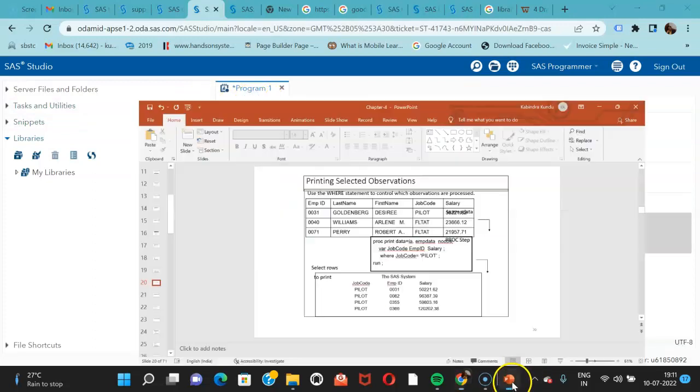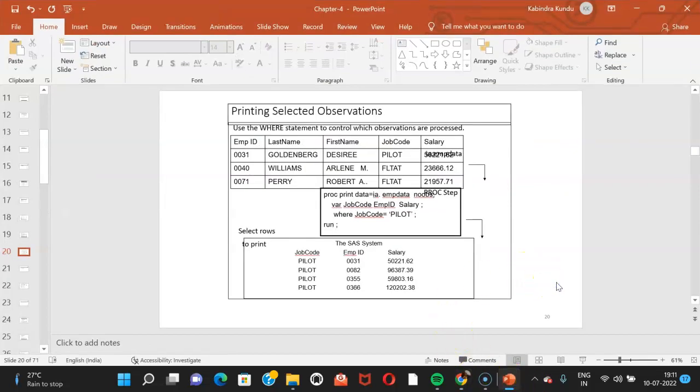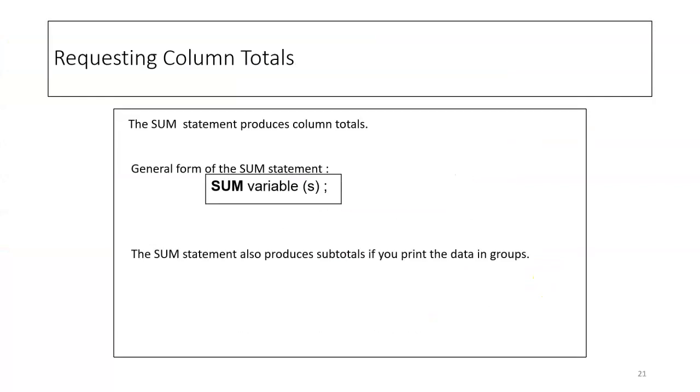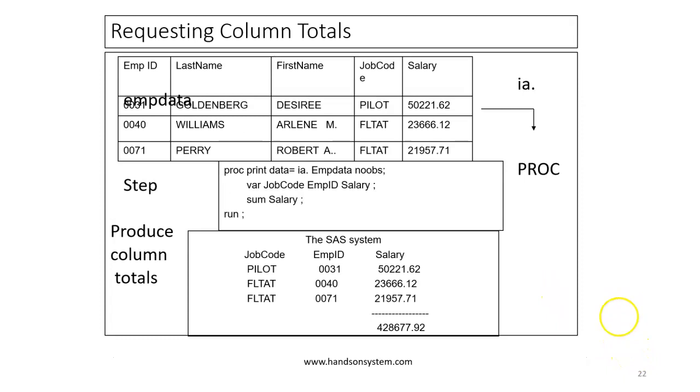Now let us go to our presentation, and I will show you the SUM statement. The SUM statement produces column totals. The general form is SUM variables. The SUM statement also produces subtotals if you print the data in groups. So how can we do that? We just write SUM salary.